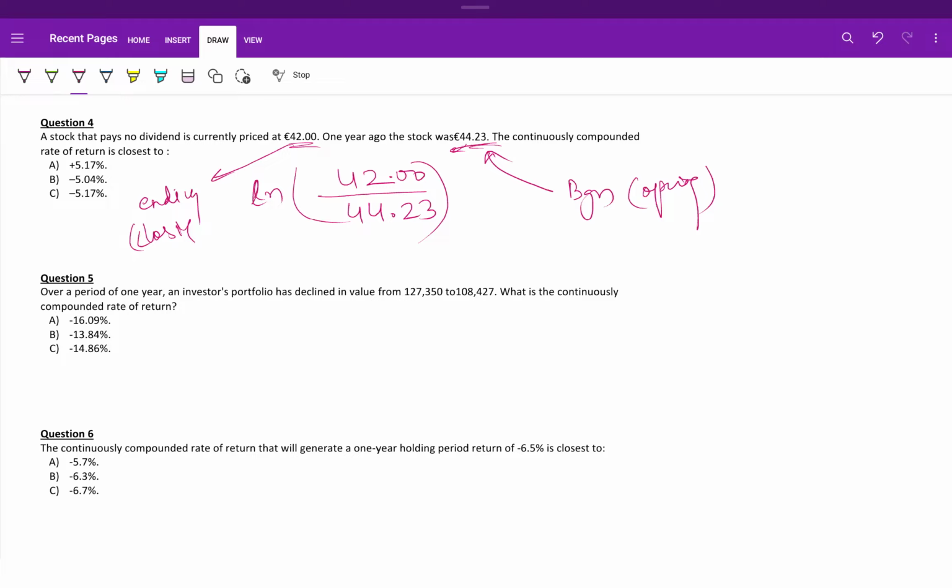Again, the portfolio has declined in value and we are given numbers. So just like the above question of continuous compounding, it is the log of closing over opening.